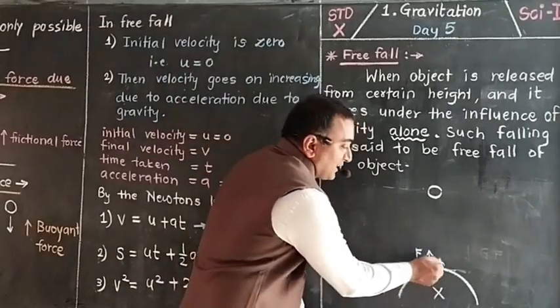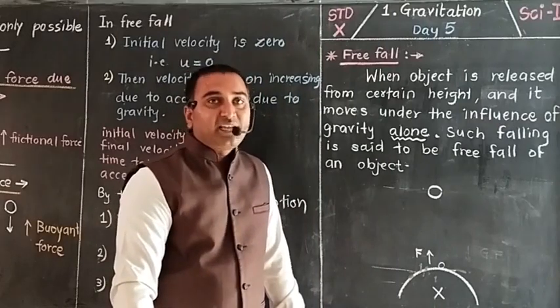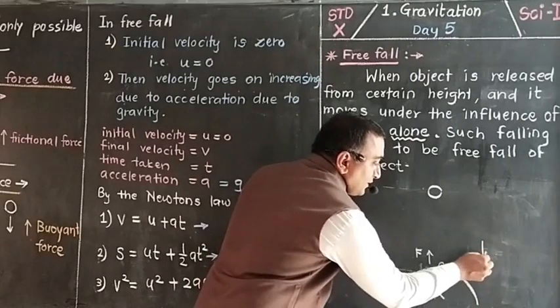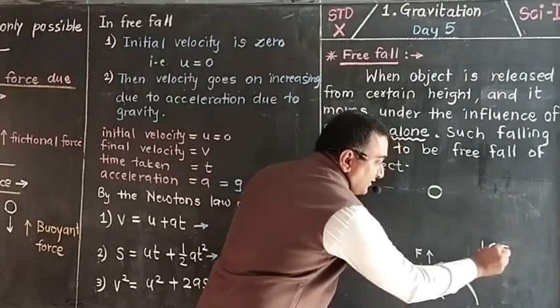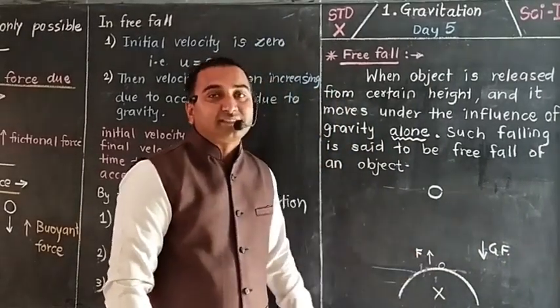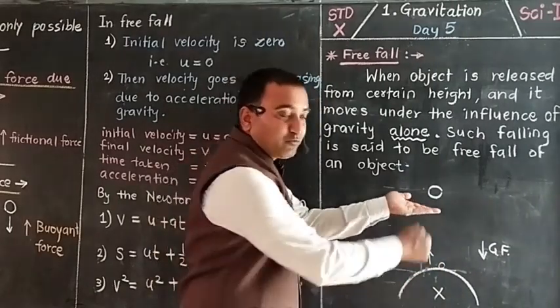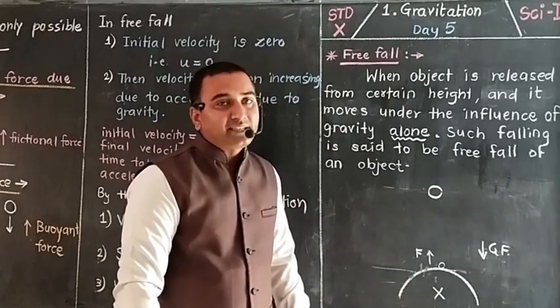But when the object is moving upward, one more force is acting on that object, and that force is the gravitational force, which is downward. Because of this gravitational force acting downward, the object's velocity starts to decrease. The object is moving upward with its force, but one force is pulling it down, so velocity goes on decreasing.